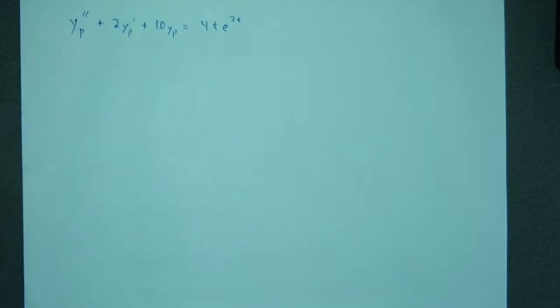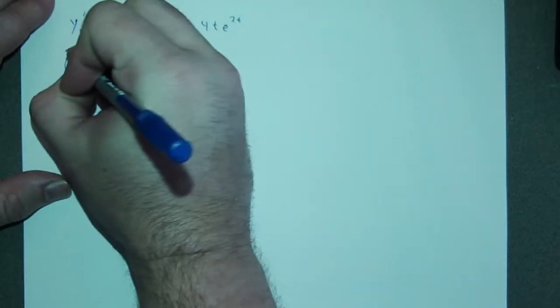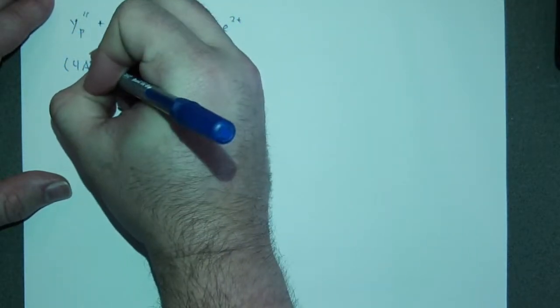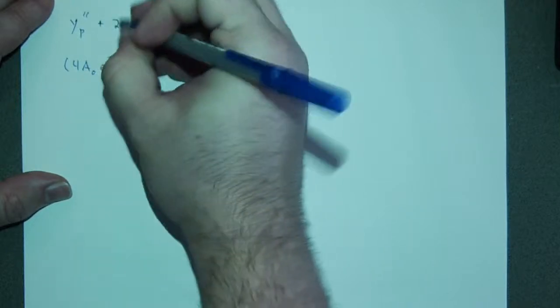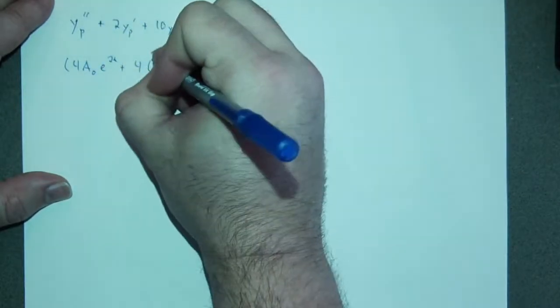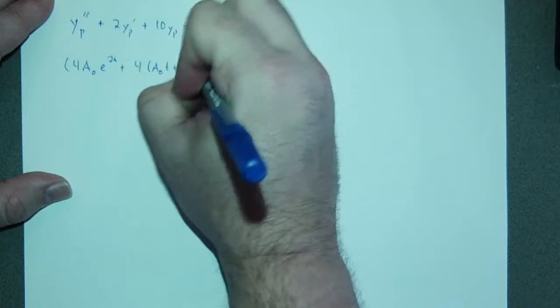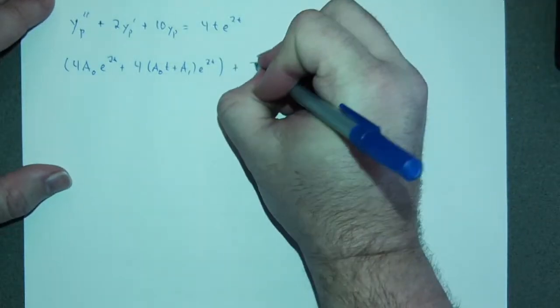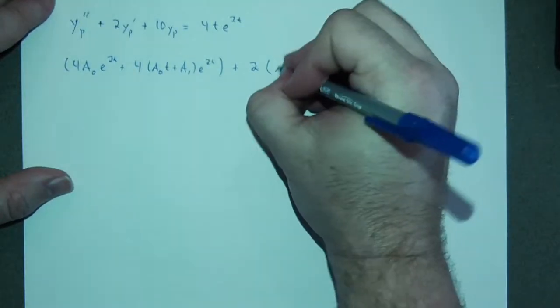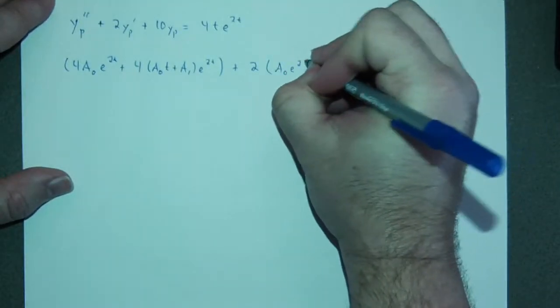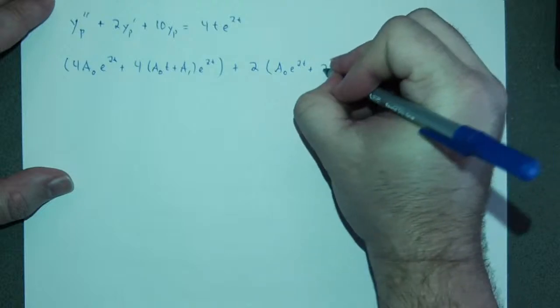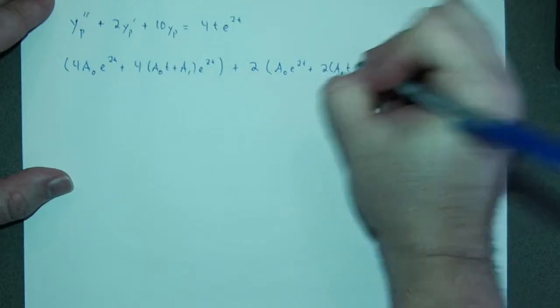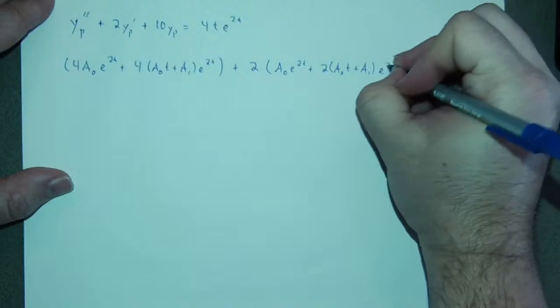So y sub p double prime we just found to be 4a0 e to the 2t plus 4 times a0 t plus a1 times e to the 2t. That's y sub p double prime. Plus 2 times y sub p prime, which is a0 e to the 2t plus 2 a0 t plus a1 times e to the 2t.